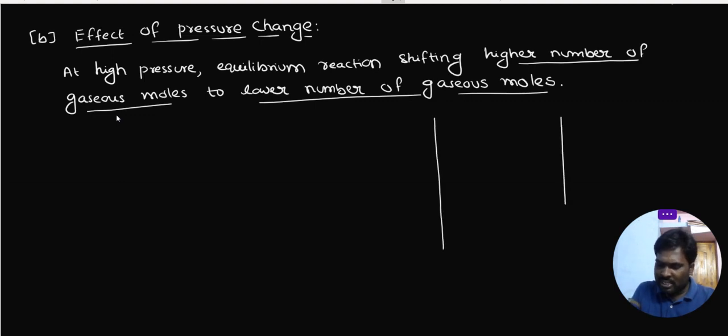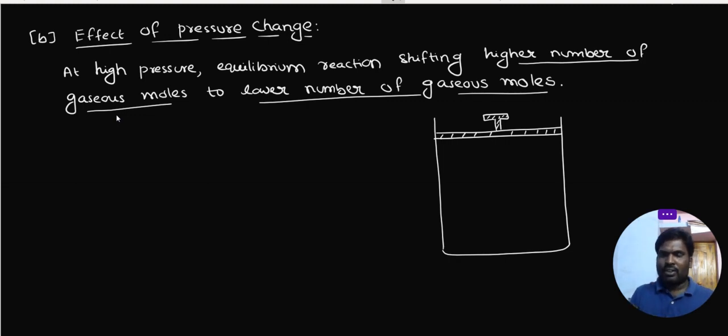So this is one vessel. Some amount of gas is there in this vessel, and we are fixing one piston here. If you apply pressure on this piston, then what happens?